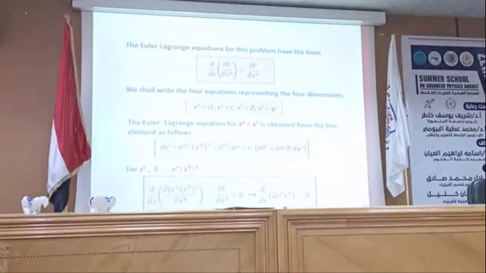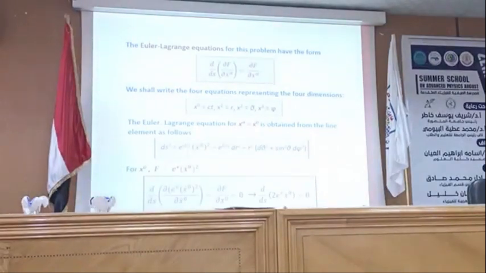Now for theta, I have this term here and that term there. I have 2 terms. Now for phi, I have just this term here, minus r squared d phi squared. So in fact, I can determine what is f for each of the 4 coordinate systems.